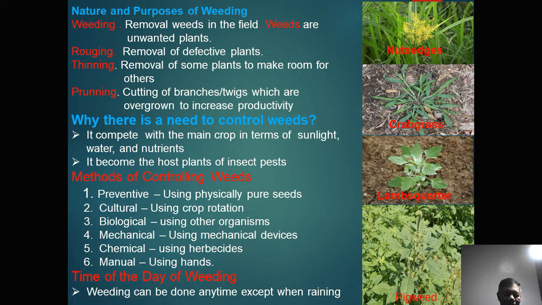Okay. So these are the different methods in controlling weeds.